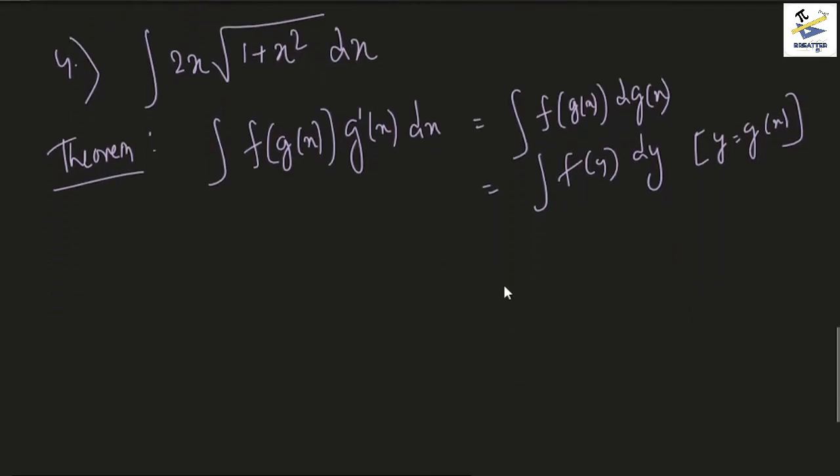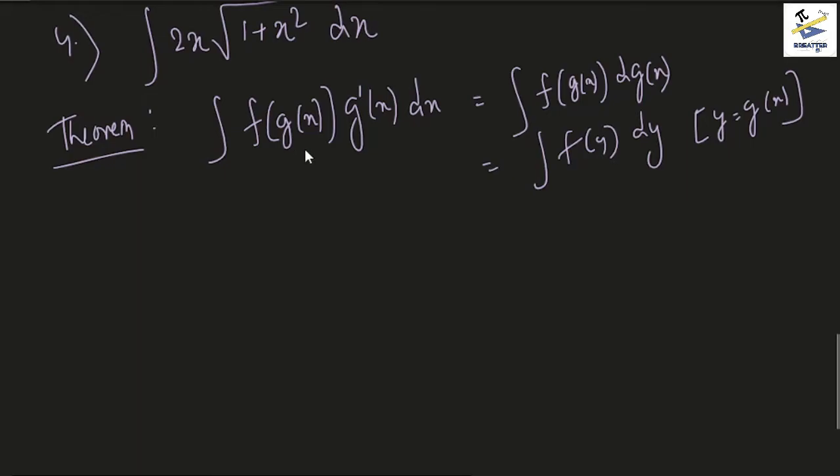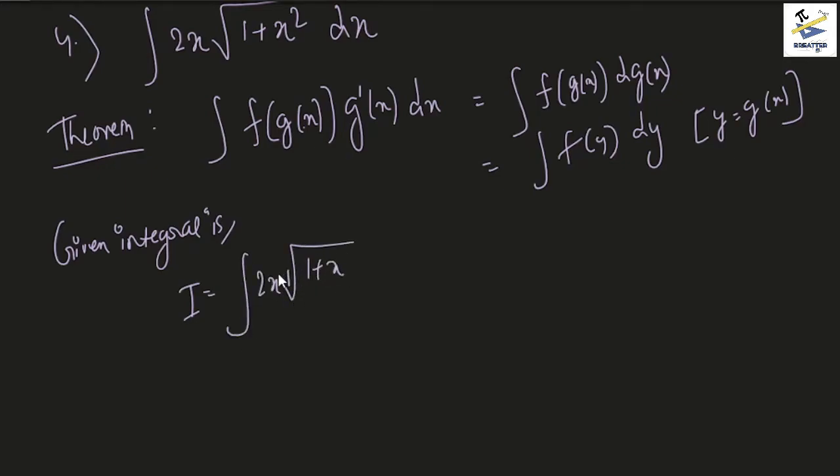So what we are trying to find is some function of something, where the derivative of that something is already given along with dx, and then we can directly substitute. Why? We can see why. The given integral is I equals the integral of 2x into root over 1 plus x square dx, and we can substitute y equals 1 plus x square.